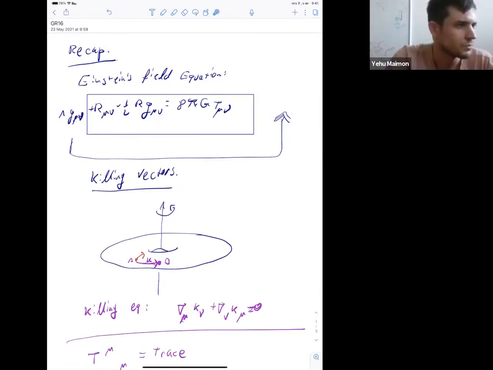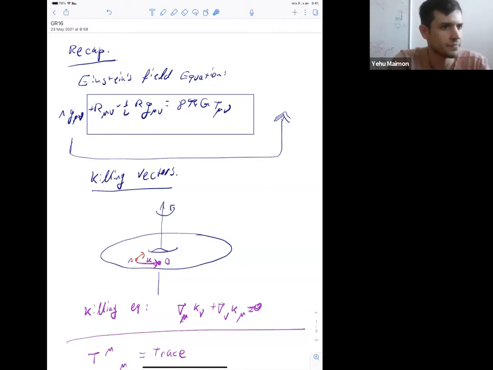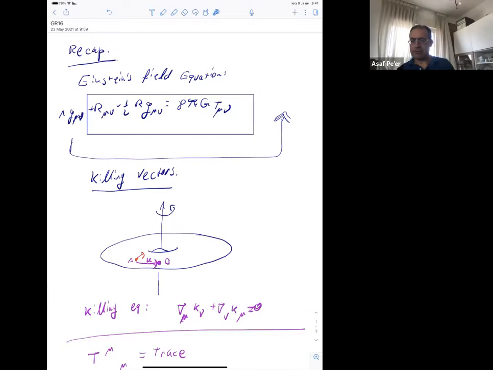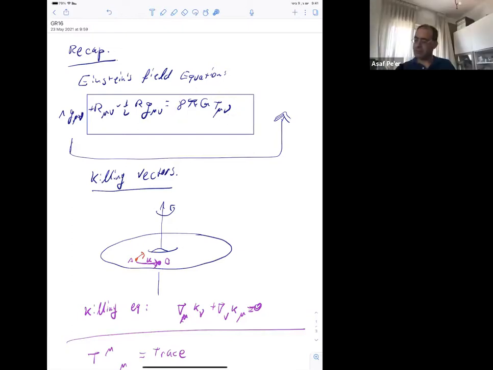So I'm looking for a solution in which R mu nu is equal to 0. One solution, you already know, is Minkowski. But there is a second solution, due to Schwarzschild. Schwarzschild was the first person who discovered it.